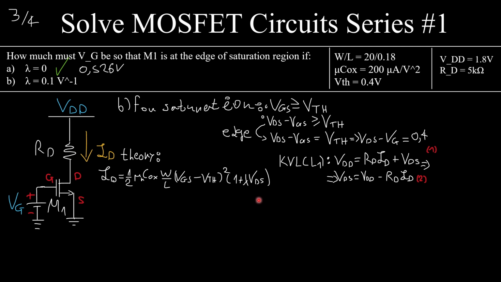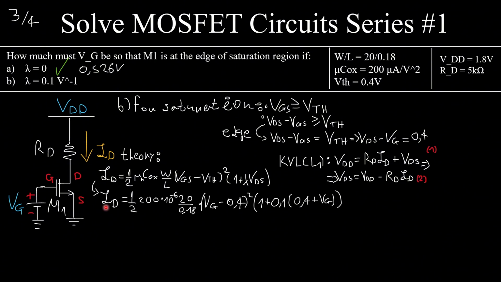Now you see how this circuit became very, very complex very quickly, because now I have a dependence of the current on this VDS voltage too, instead of this simple VG that we had earlier. I'm going to replace VDS with this from this.